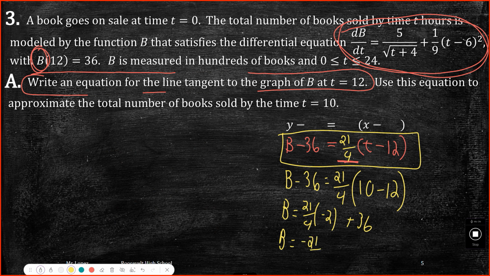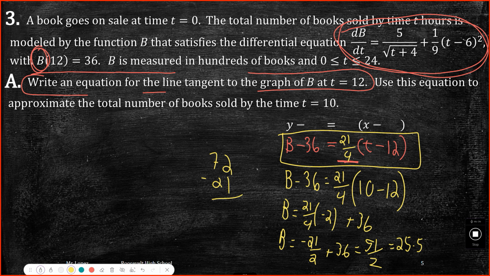Negative 21 over 2 plus 36. That's 72 over 2. 72 minus 21 is what? 51. So 51 over 2. What's 51 divided by 2? 25.5.